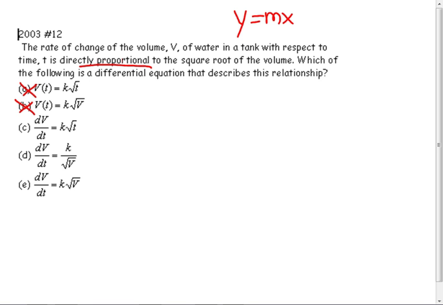Which of the following is a differential equation that describes that relationship? That would be E. But you have to read it carefully, because when you start reading this, that's the square root of time. That's inverse here. They just throw that in to trip you up. No, proportional. So if you make $10 an hour, that k value is 10. It's the slope.